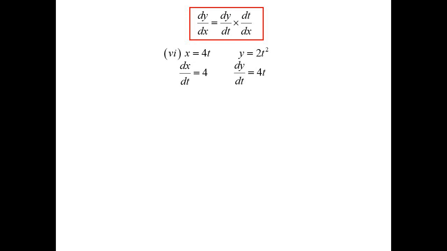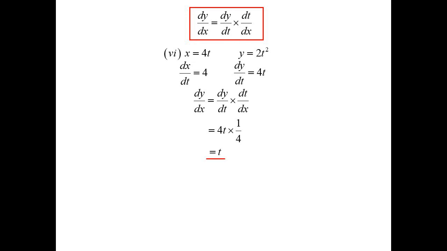And I could differentiate the y, but do it with respect to t, and I get 4t. Now I can combine these two together because I say, well, hang on, dy/dx would be dy/dt times dt/dx. So dy/dt is 4t, and dt/dx will turn the dx/dt upside down. I get 4t times a quarter, and we get the answer t.